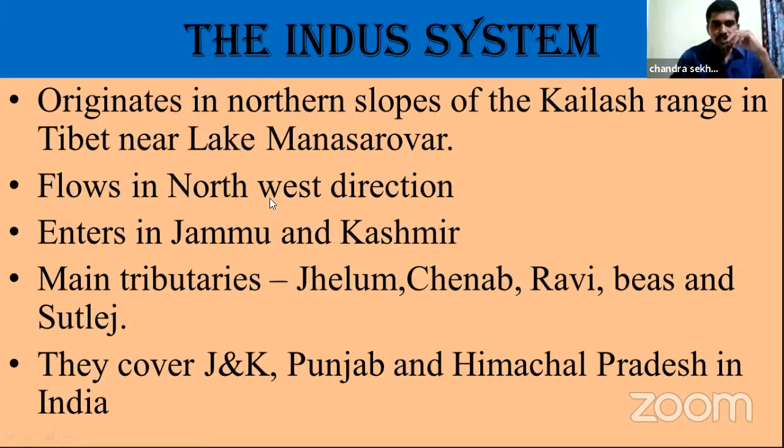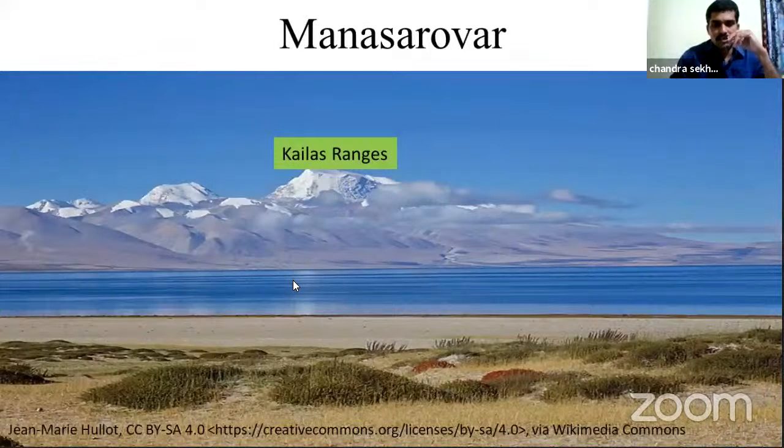Here you can observe the Kailas range and Lake Mansasarovar. This is the birthplace of the Indus River near Mansasarovar in the downslopes of the Kailas range, which is located in the Himalayan ranges.